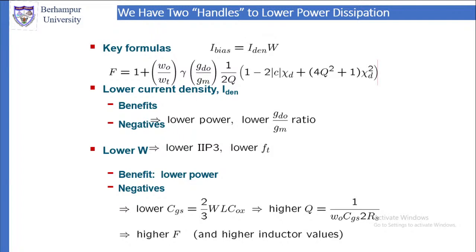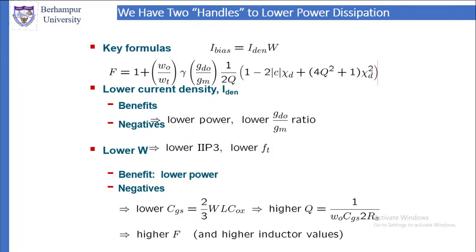Now once you look at this, if we use lower current densities, that is IDEN is small, then we will get the benefit of low power. But the negative part is if we are using low current density, then IIP3 is lower, so lower FT.